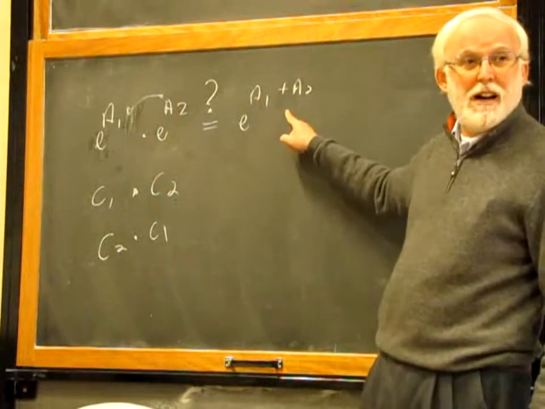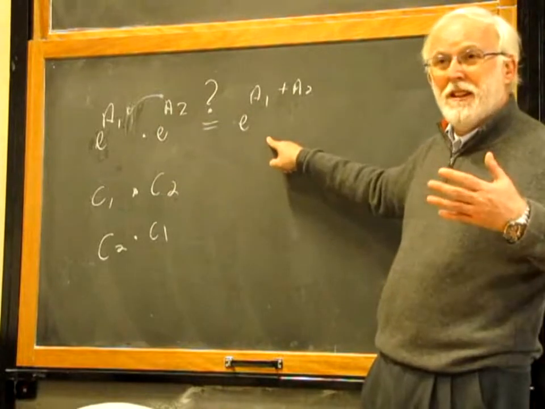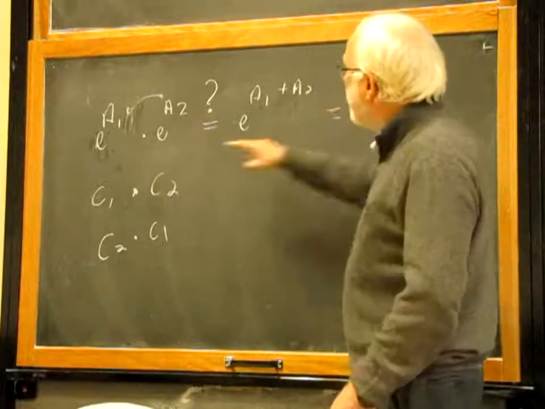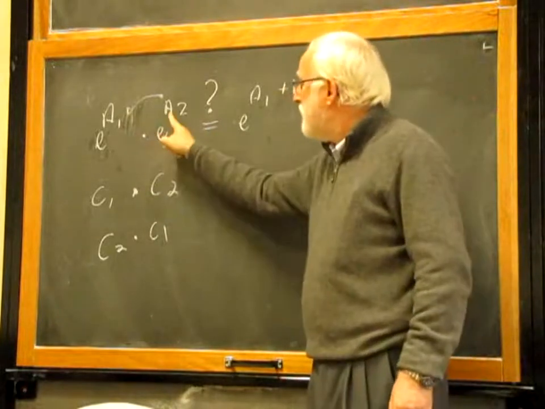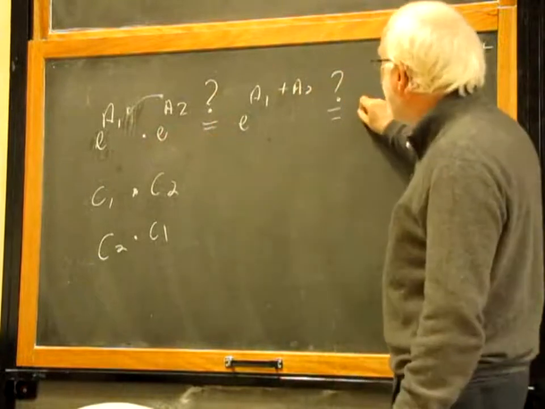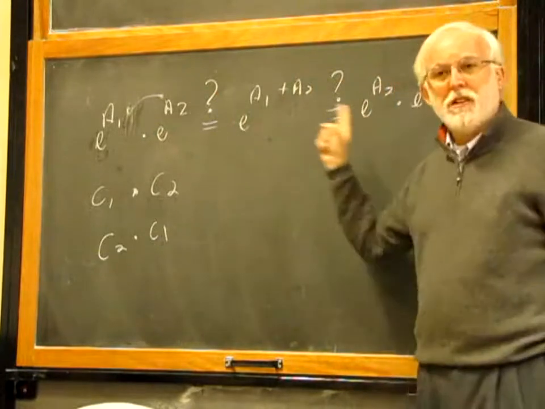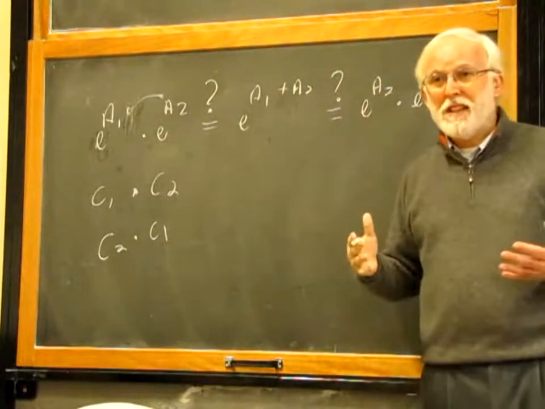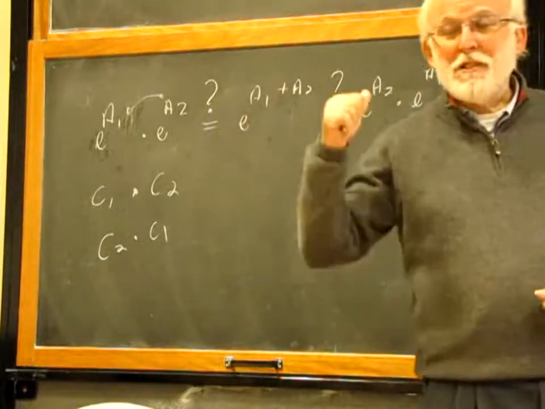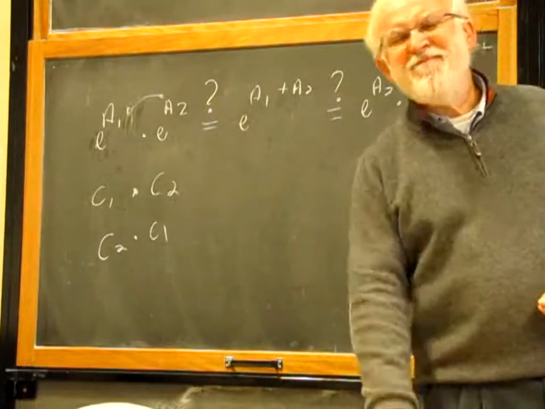You get A2 plus A1, so you still get the same result. So you have this proof that this result is wrong: e to the A1 times e to the A2 would equal e to the A2 times e to the A1, and you know that these two are not the same because those are two matrices. Too bad, guys. This method works for scalars, does not work for matrices.